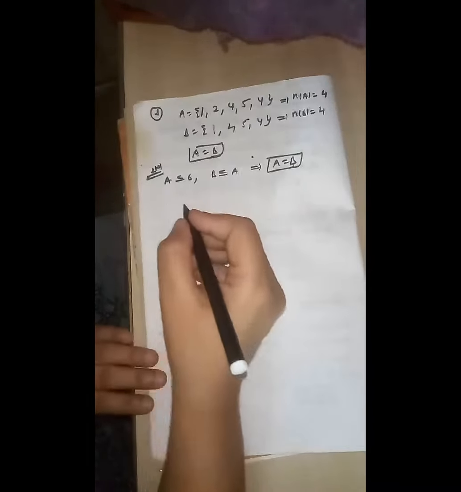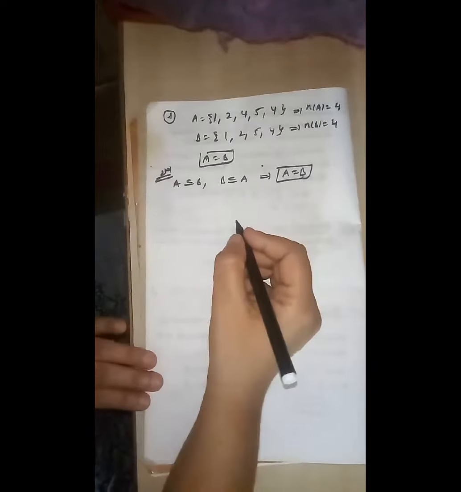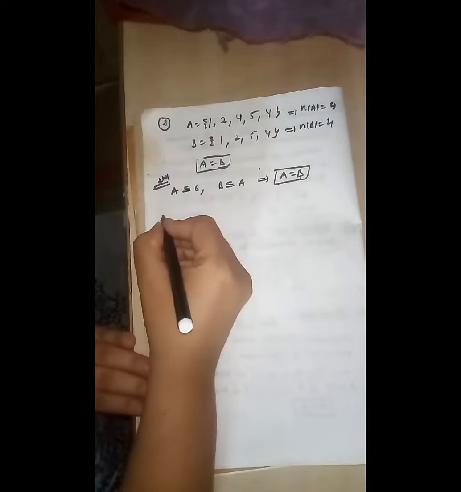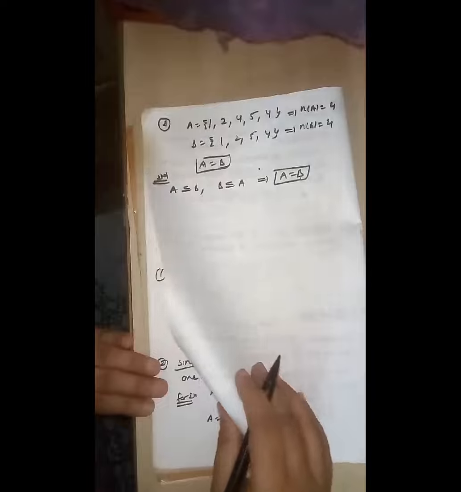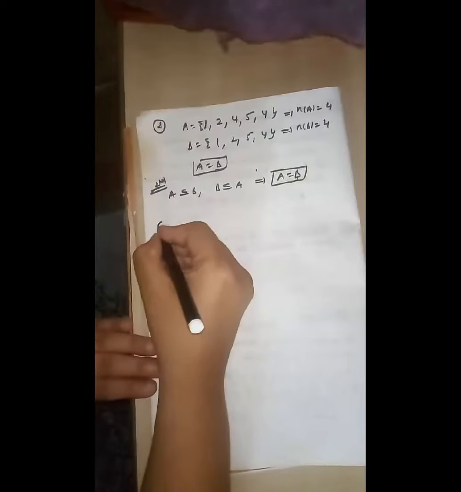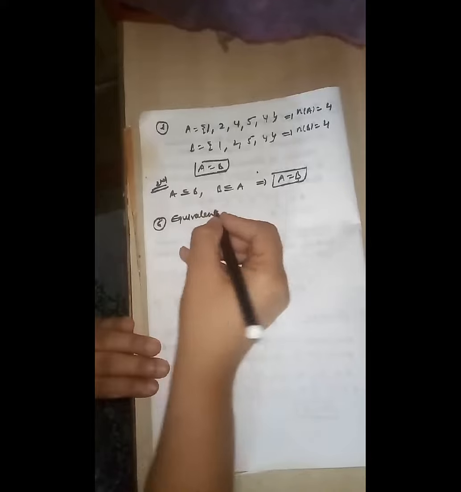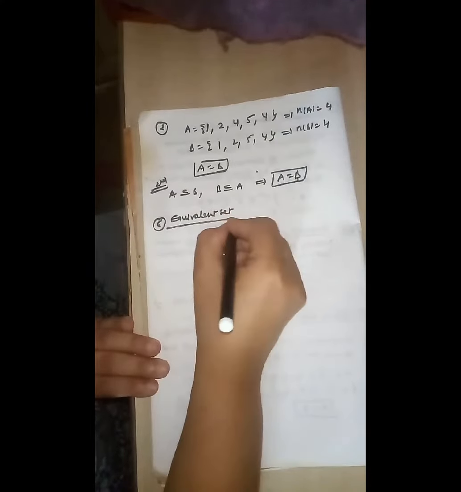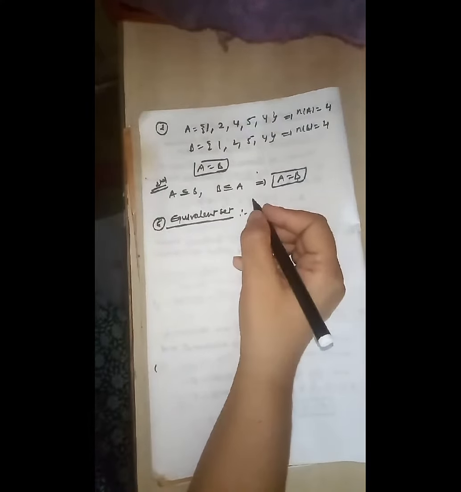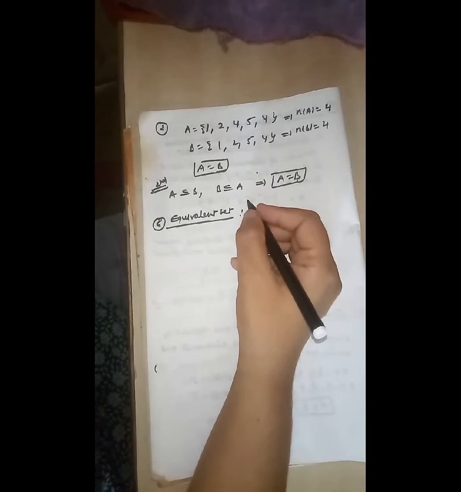Now the next type is equivalent set. This is the sixth one. So what is an equivalent set? There is a very slight difference between equal sets and equivalent sets.